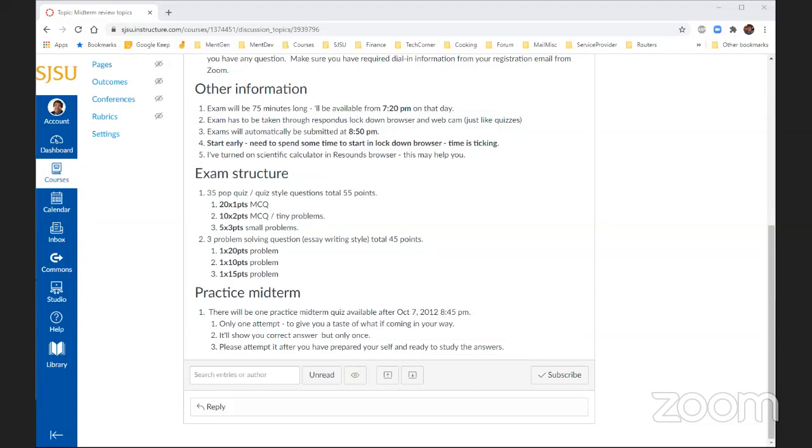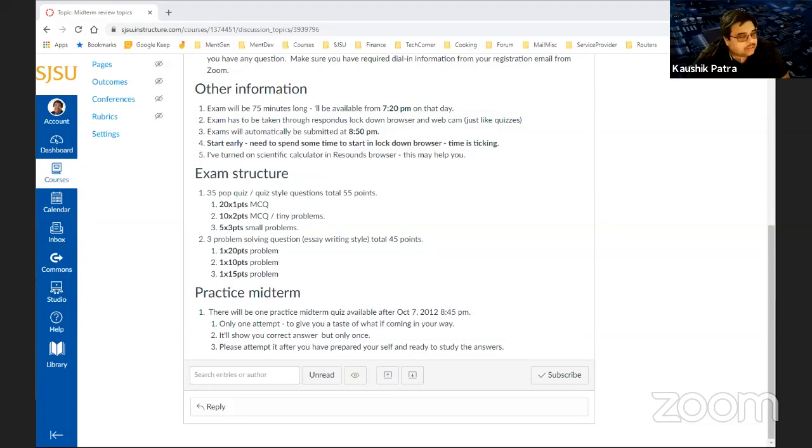Does it count towards our grade? MCQ should be graded, not the short-answer style. I'm not sure it may come back to me to grade them, and I'll probably add some dummy values there. I won't be grading the practice midterm anyway. Okay.